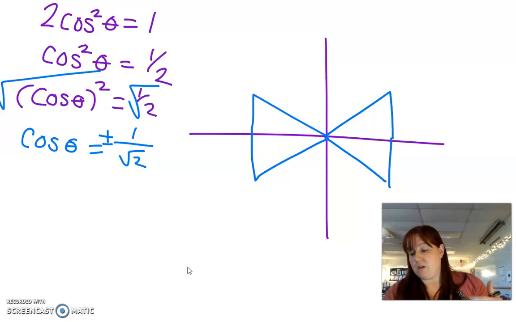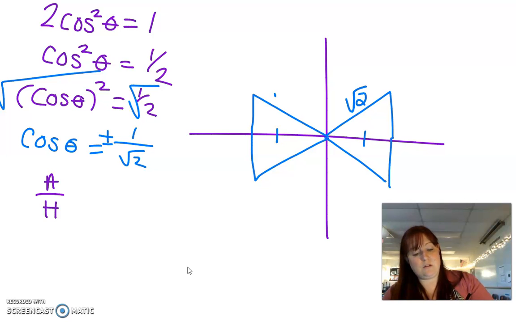So remember that cosine is adjacent over hypotenuse. So our adjacent side is going to have to be 1, and our hypotenuse has to be root 2, okay? And that would be a negative 1.